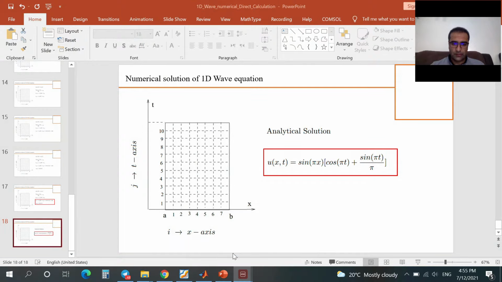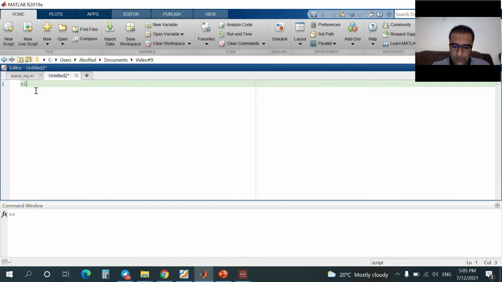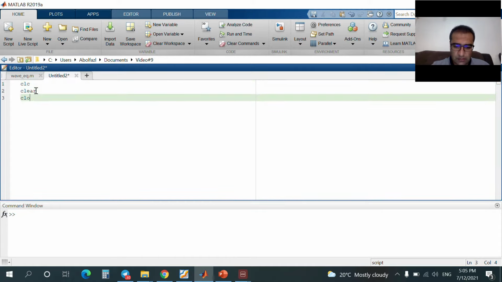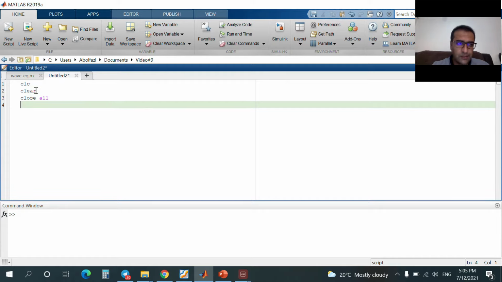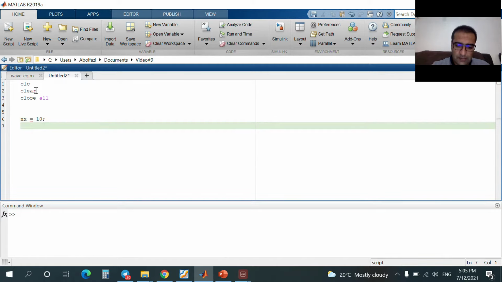So let me pause here. Okay, I open MATLAB and start a new script. As usual, I will start with clc, clear and close all. What we need: the number of grid points in x, nx, let it be 10, and the number of grid points in the t direction, let it be, for example, 30.